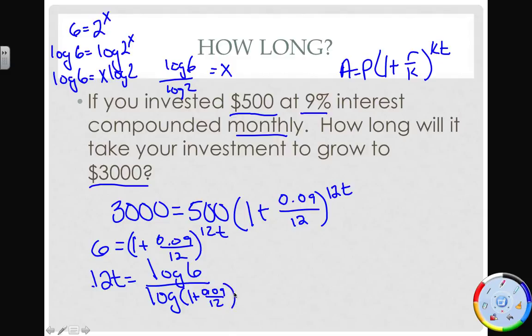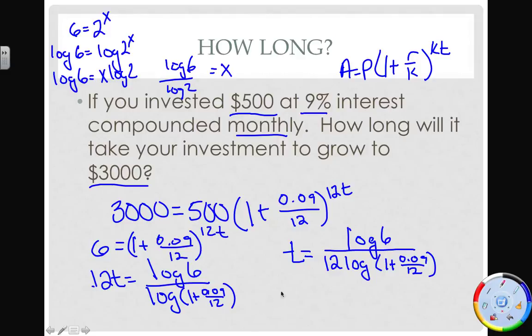Then if I wanted to plug everything into the calculator at the same time, I can divide both sides by 12, and I get t equals log of 6 over, dividing by 12 puts the 12 in the denominator, 12 log of 1 plus 0.09 over 12.